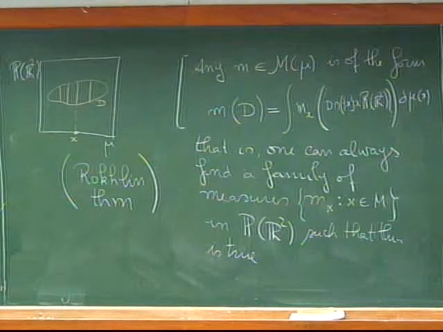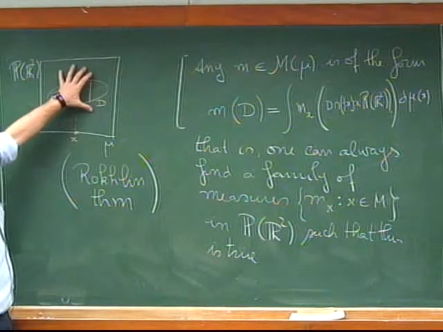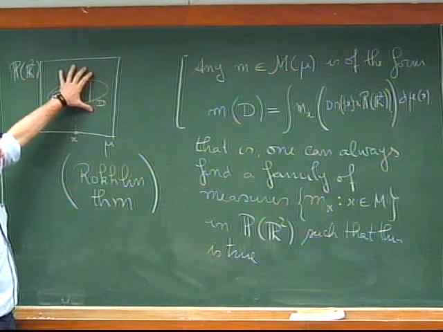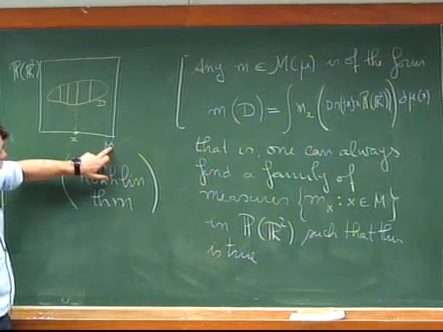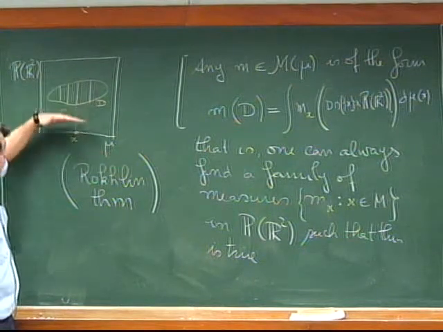It's a non-trivial theorem, but it's a theorem in measure theory. If you have a measure in a product of two spaces, not too bad, that projects down to a certain measure mu, then this measure m can be disintegrated.